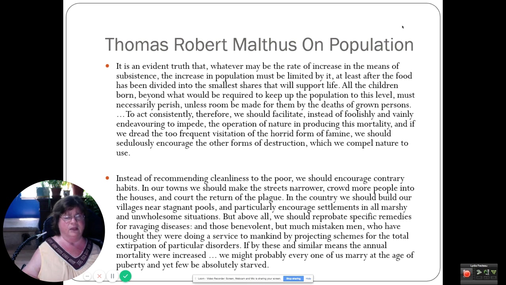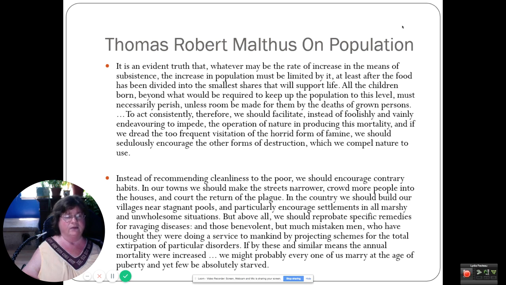So basically, he claimed that it is an evident truth that whatever may be the rate of increase in means of sustenance, the increase in population must be limited to it, at least after the food has been divided into the smallest shares that will support life. All the children born beyond what would be required to keep the population to this level must necessarily perish, unless room be made for them by the death of grown persons.